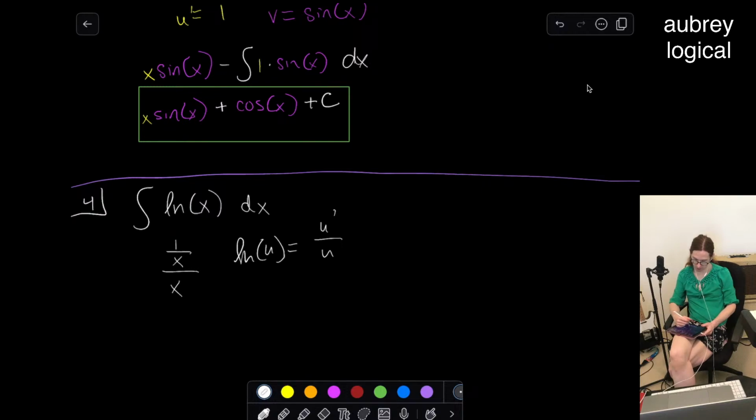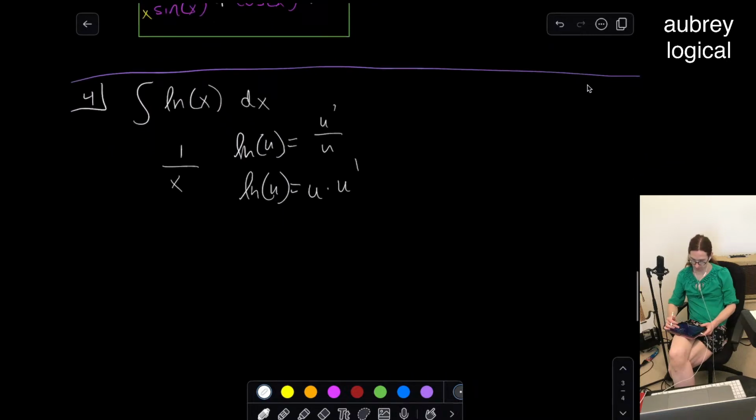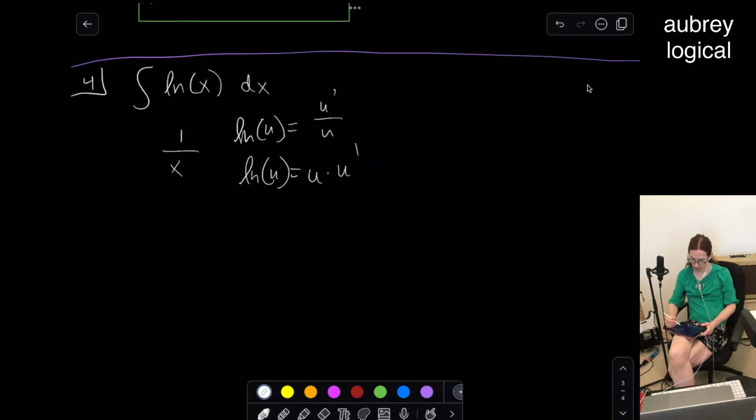Oh, duh. Well, that wouldn't be 1 over x. That would just be 1. But that would be the derivative. But I thought the derivative of ln of u was u times u prime. I'm confused.